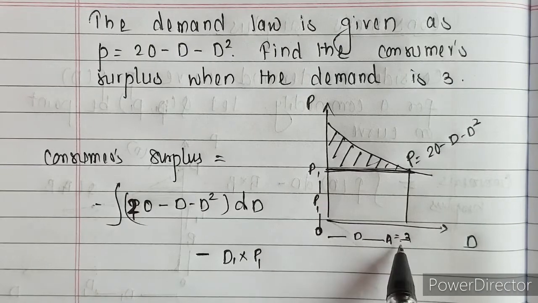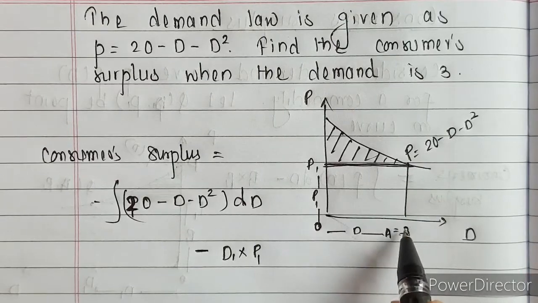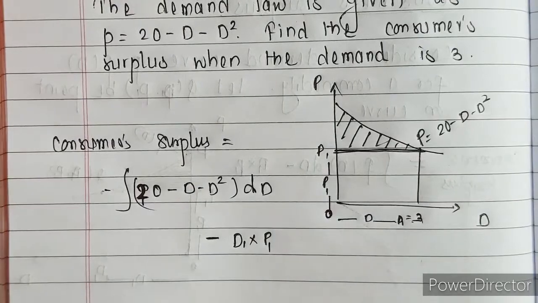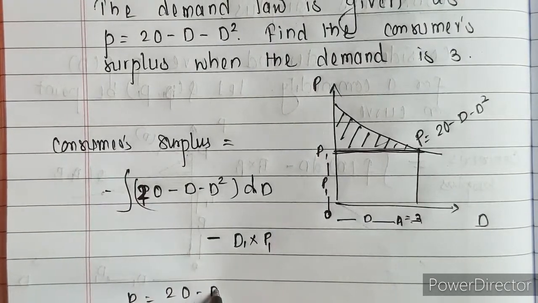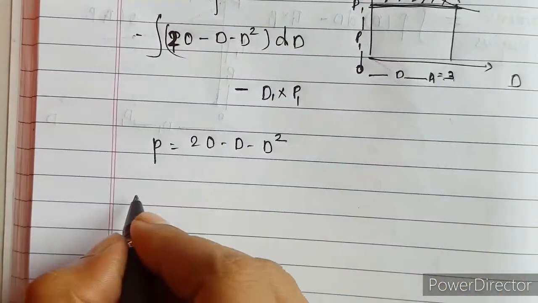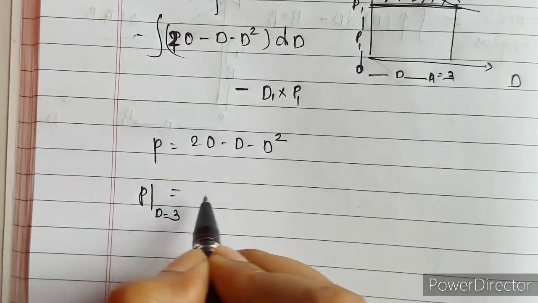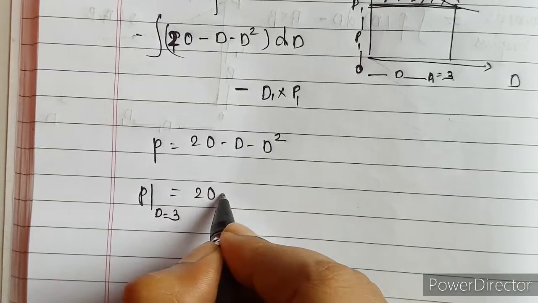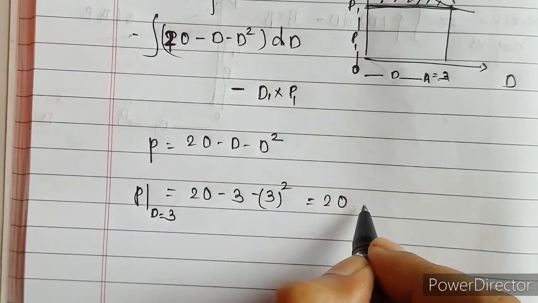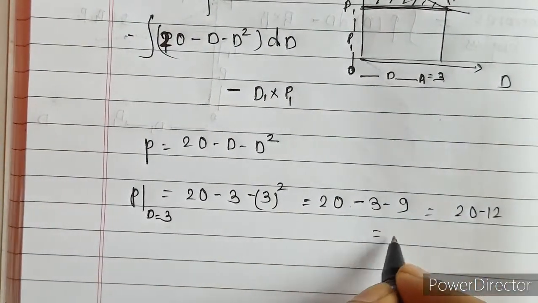Now we have the demand, but we don't know the price at this particular demand. But we can find the price using the demand curve. P is given as 20 minus d square, and we have to find the price when demand is 3. Wherever there is d, we substitute 3. So it will be 20 minus 3 square, which is 20 minus 9, which is 11. Wait, 20 minus 12, which equals 8.